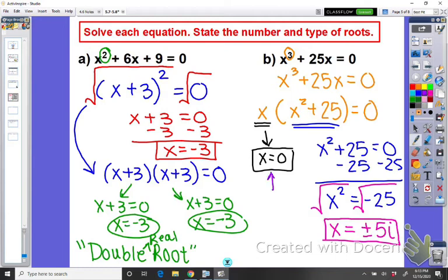This x equals 0 is one real root, and x equals plus or minus 5i. One's 5i, the other's negative 5i. So that's 2 imaginary roots. So that makes 3 zeros. So it's a degree 3. All right, 2 more.